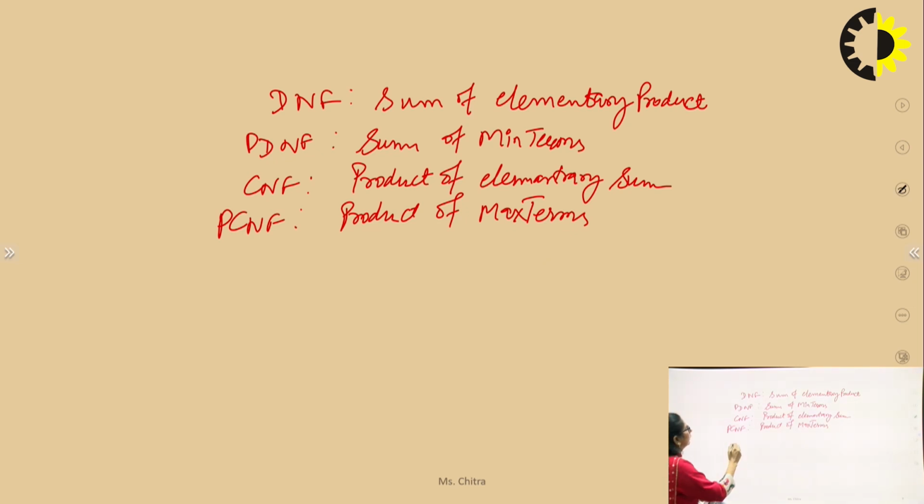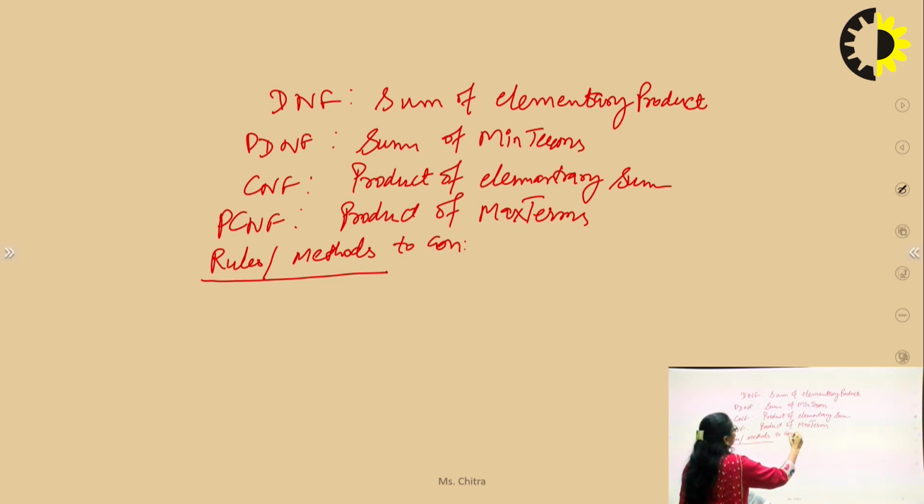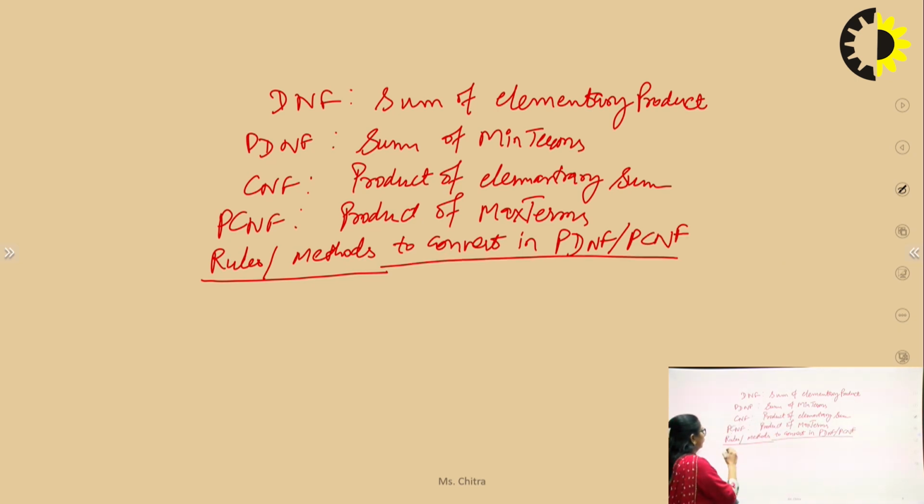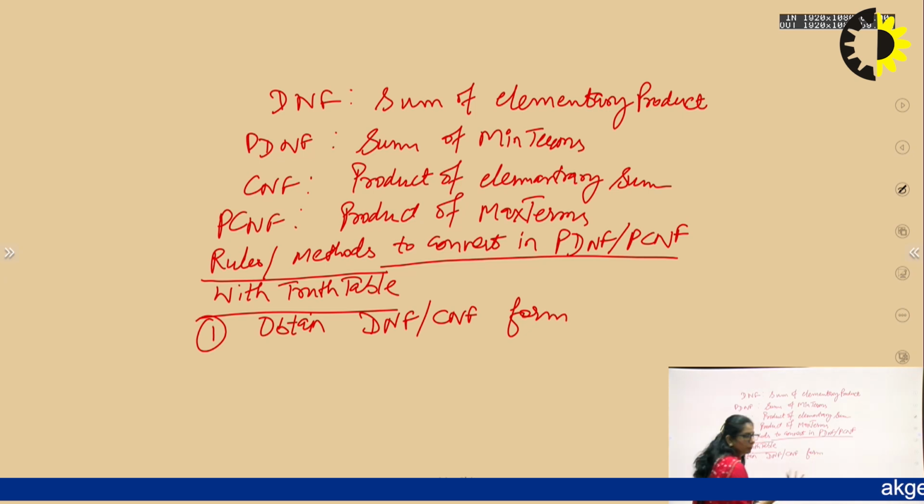So if we are writing the rules or methods to convert to PDNF or PCNF without truth table, the very first step is to obtain the DNF or CNF for the given expression.